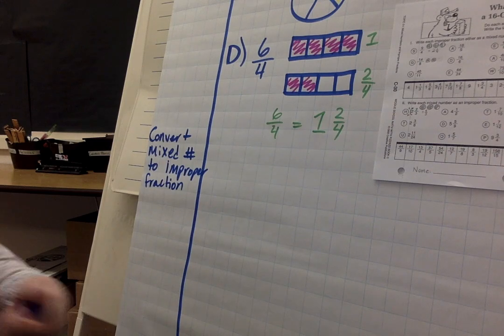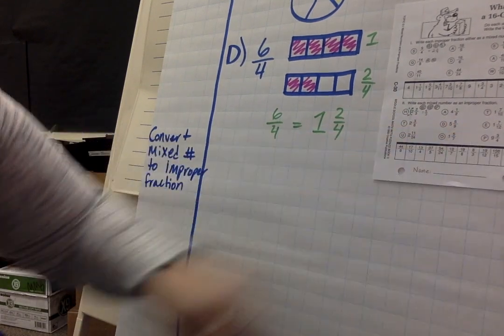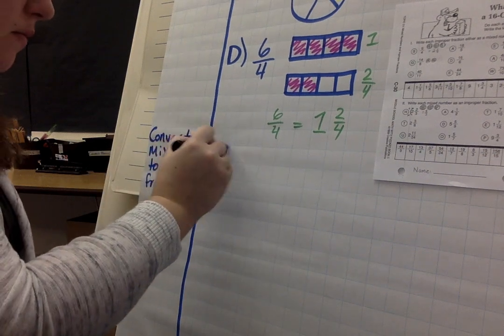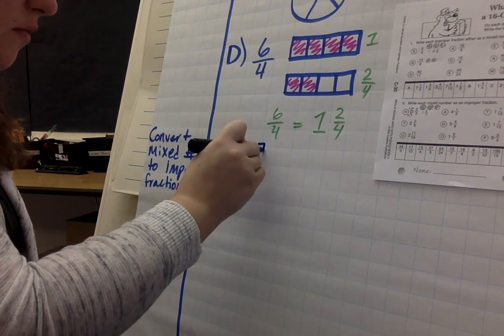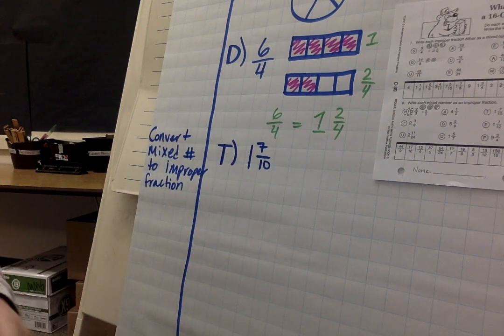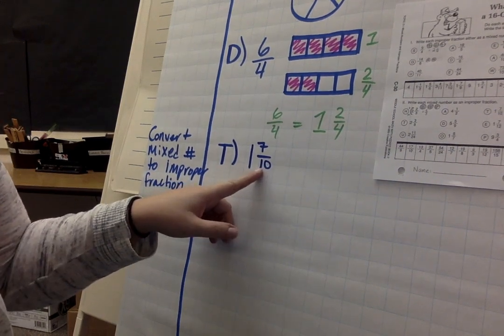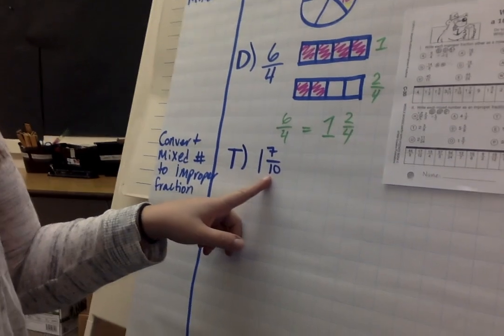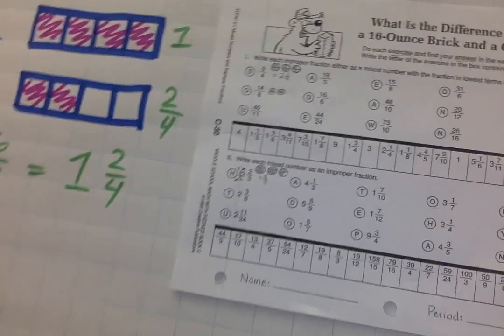All right, so let's do T. Okay, so here's my mixed number. I have 1 7/10.